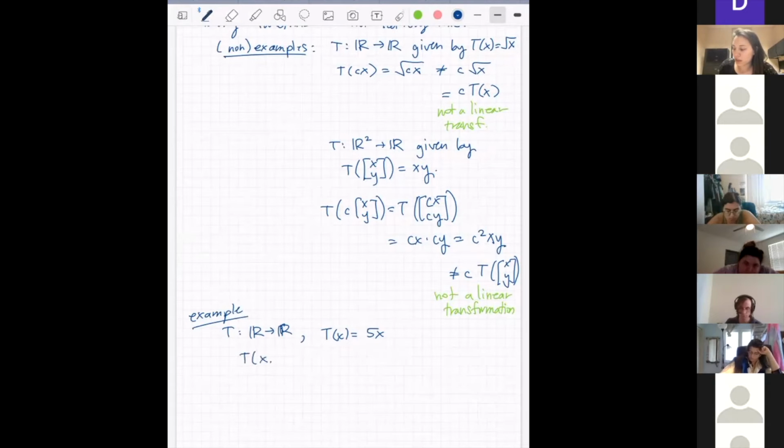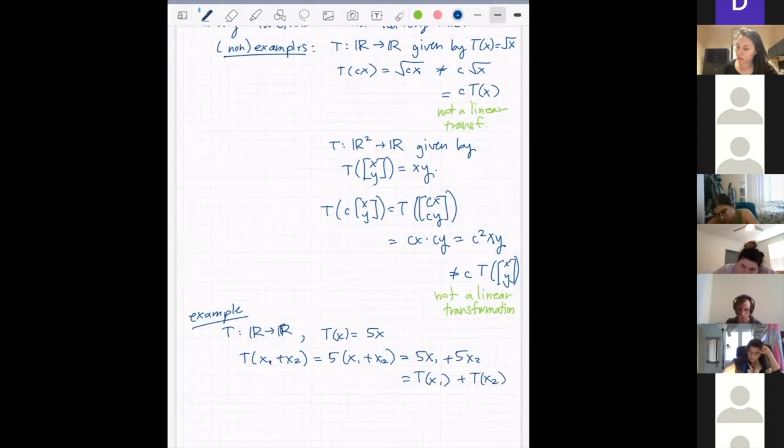We check by looking at the sum of two, well, these are not vectors, just real numbers, x1 plus x2. Using the definition of T, this is 5 times x1 plus x2, which we distribute: 5x1 plus 5x2. This is the same as T of x1 plus T of x2.